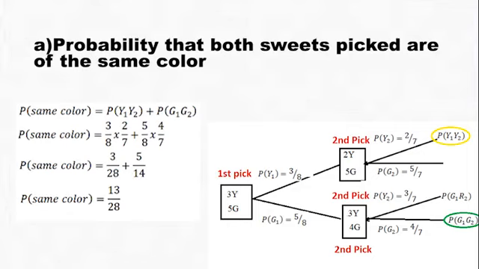Therefore, the probability of picking the same color is either yellow yellow or green green. Thus, the probability of picking the same color would be 3 out of 8 times 2 out of 7 plus 5 out of 8 times 4 out of 7.